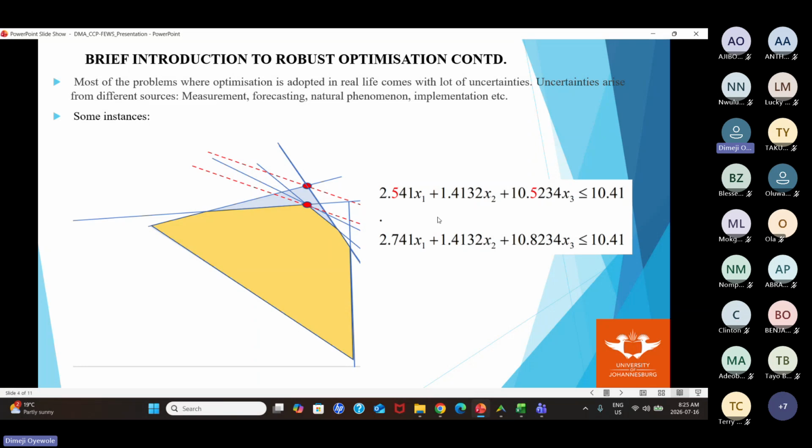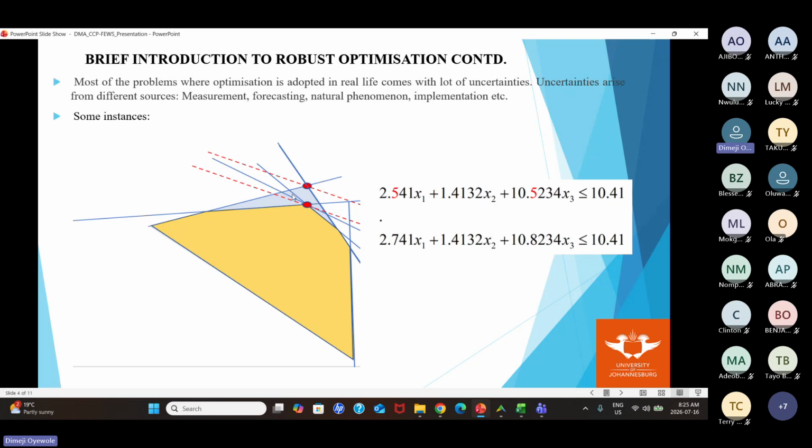Now, I just changed the 5 here and the 5 here, the 5 in red color, to 7 here and to 8 here. Just a 0.3 change. I increased the 5 to 7, 2.5 to 2.7, and then 10.52 to 10.82.